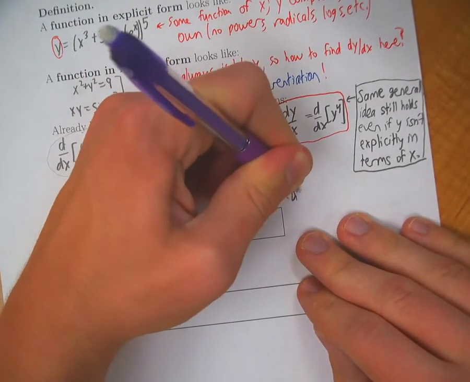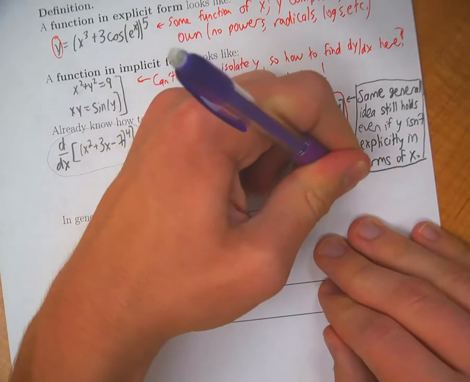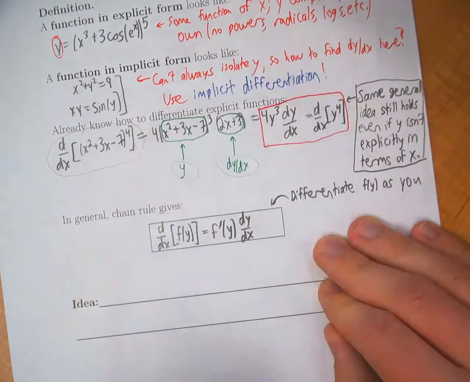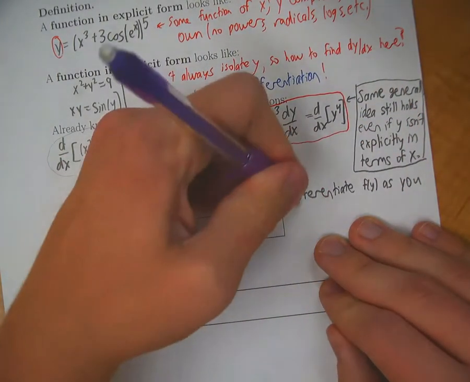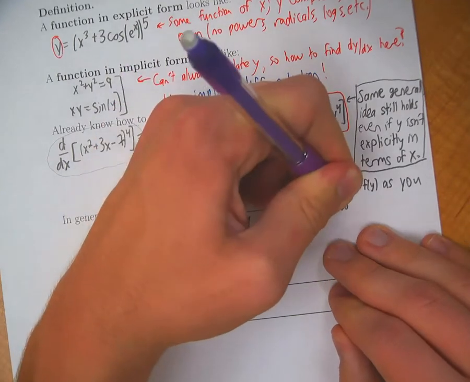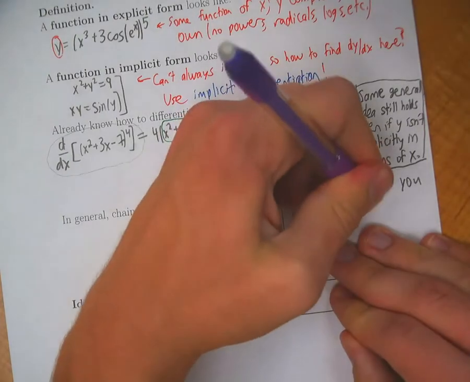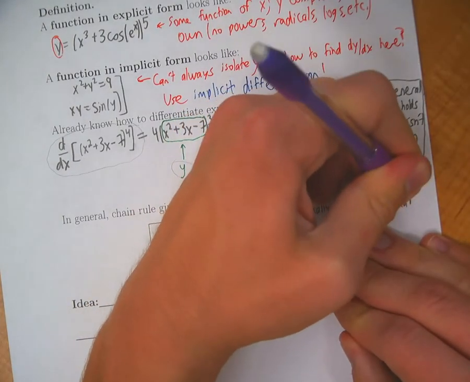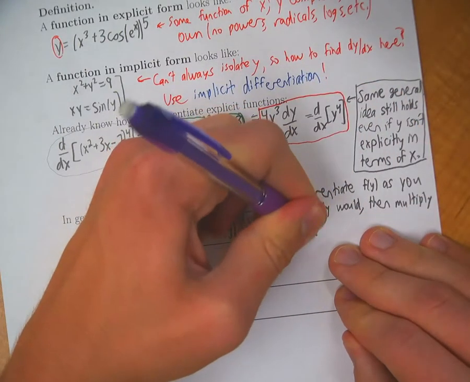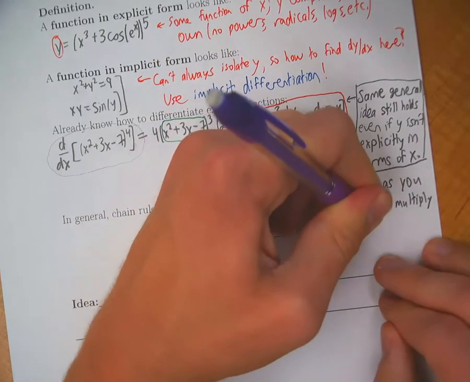For this part, what this says is that we differentiate f of y as you normally would, then multiply dy over dx because of chain rule.